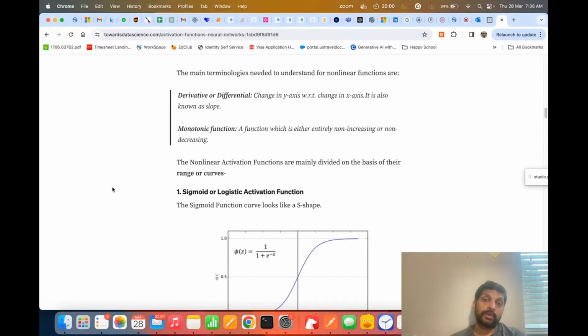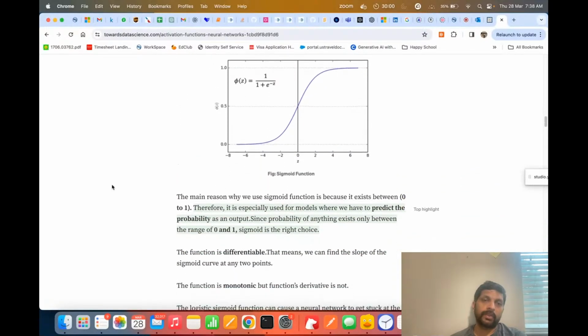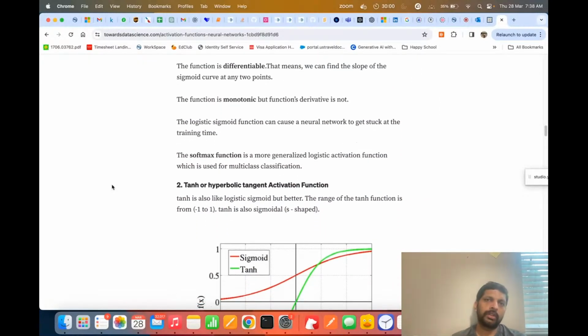Non-linear activation functions are mainly divided on the basis of their range. Sigmoid or logistic is 1 by 1 plus e power minus z. We use the sigmoid function because it exists between 0 and 1. Therefore, it is especially used for models where we have to predict a probability as an output. The probability of anything exists only between 0 and 1, so sigmoid is the right choice.